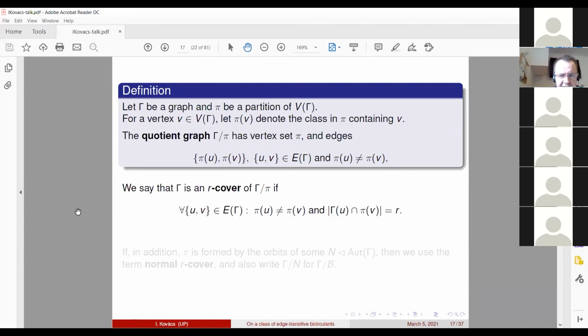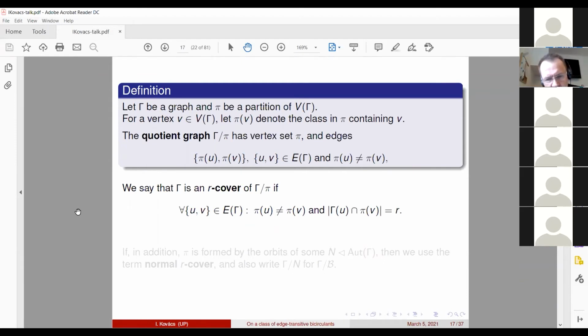Just a small refinement of this definition. I say that gamma is a cover of the quotient if it is also true that for any edge, the endpoints lie in different classes, that means the classes do not contain entire edges.